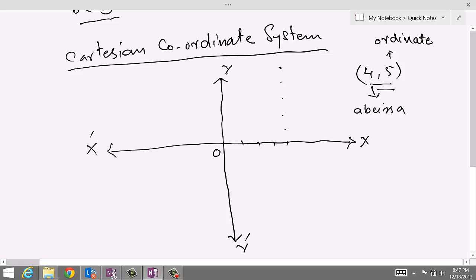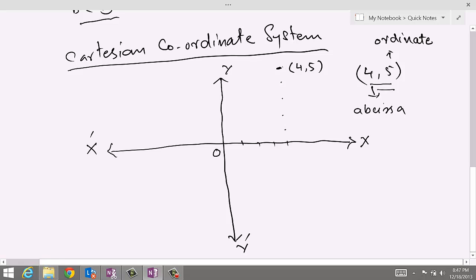That's where we end up. So remember, first we plot abscissa, then we plot ordinate. That's the final destination of point (4, 5).